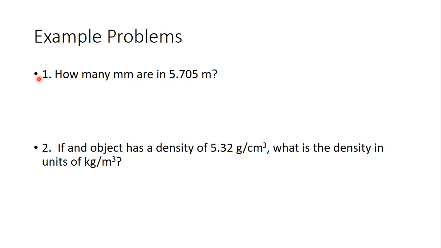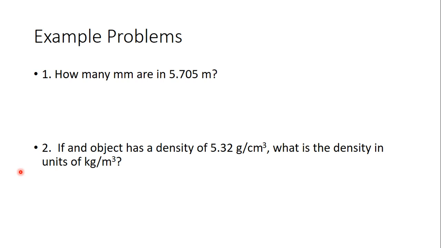So I have two example problems for you. How many millimeters are in 5.705 meters? And then if an object has a density of 5.32 grams per cubic centimeter, what is the density in kilograms per cubic meter? So I want you to pause the video now, try to figure out both of these problems, and come back when you have it.